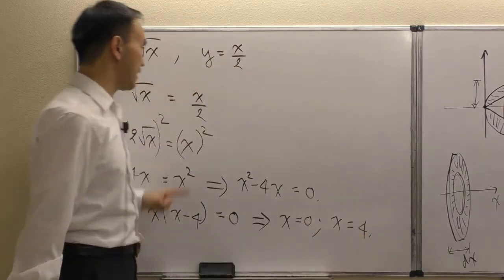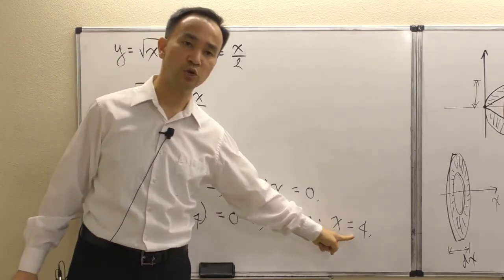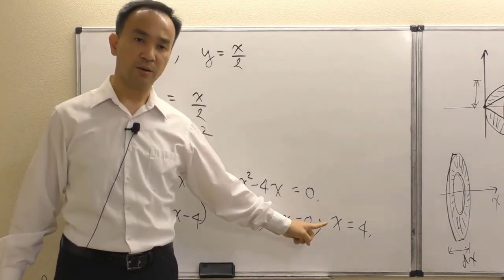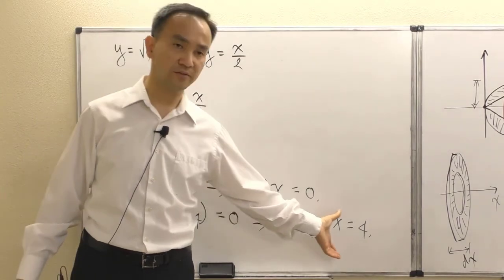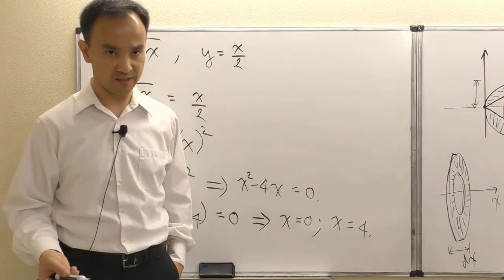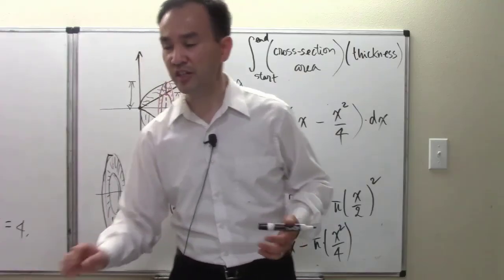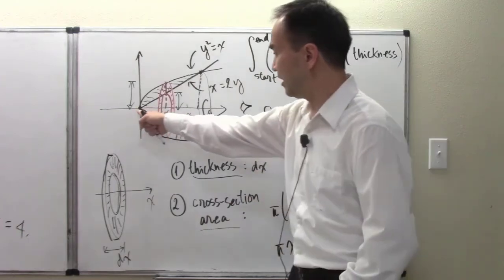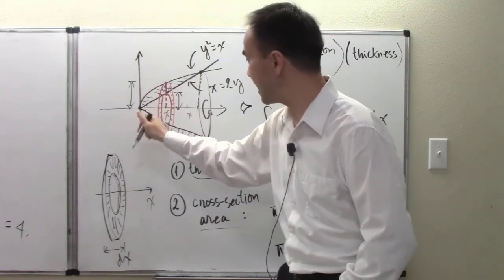So that means our two curves are crossing each other at these two x values. Apparently x equals 0 is lower, so it's on the left compared to the other x value being 4, which is higher, to the right-hand side. Now we have a clear, precise calculation. The left end of our region is where the two curves cross, and that has to be x equals 0.